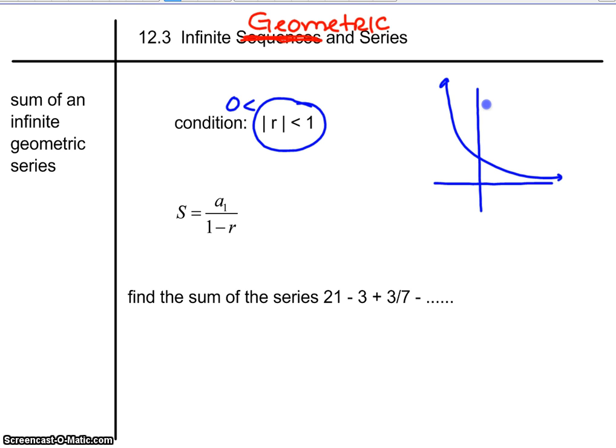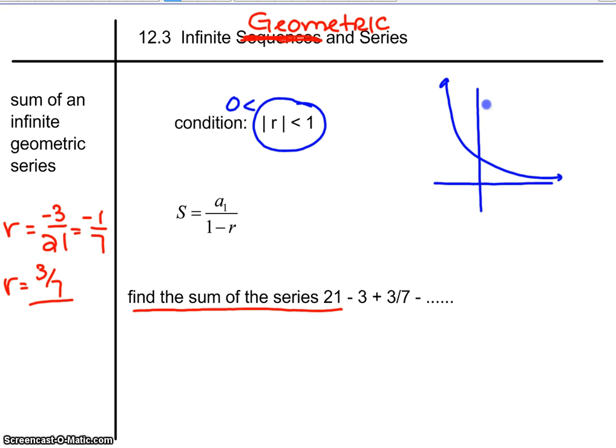So one of the things I have to do is, if they say find the sum of this series, number one, I have to verify that it is geometric. So I have to look at my ratios, second divided by first. And secondly, I have to make sure that that ratio is less than 1, absolute value-wise.